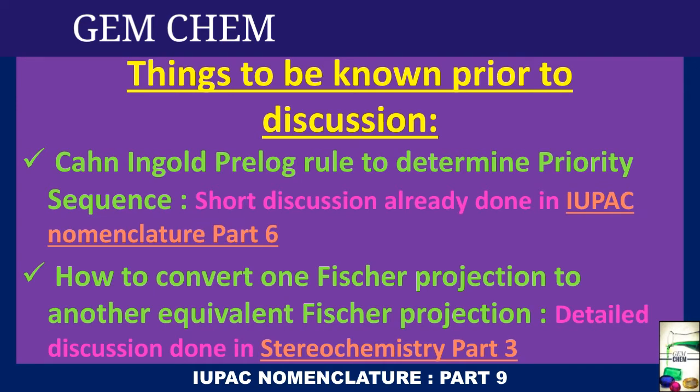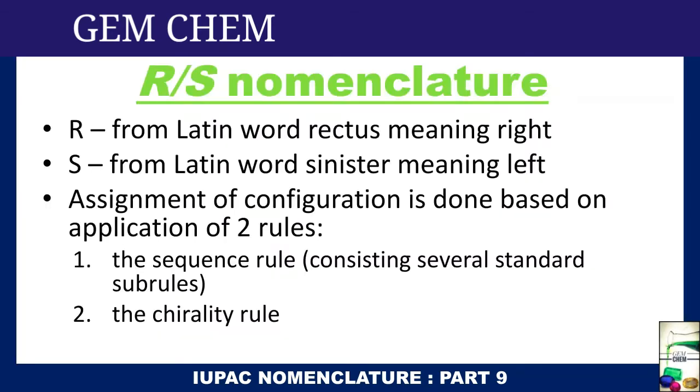The second thing important for this is how to convert one Fischer projection to another equivalent Fischer projection. A detailed discussion of this is done in stereochemistry part 3 video. So you have to watch these two videos before coming to this video. I will give the link in the description box as well as the I button above this video. Now let us start today's video.